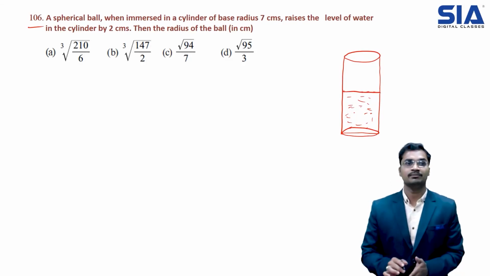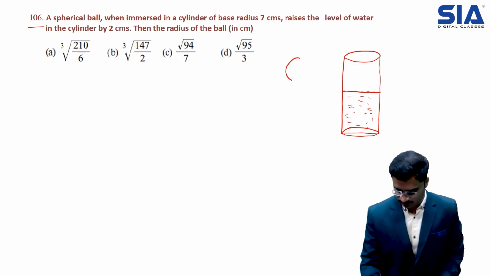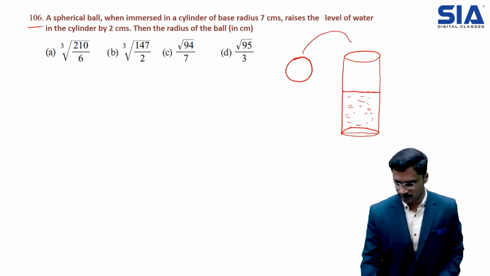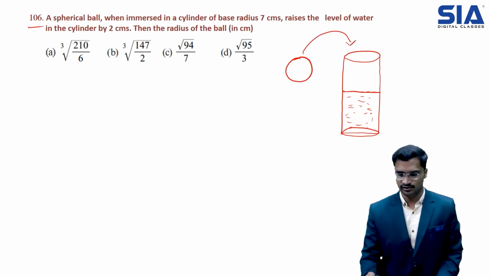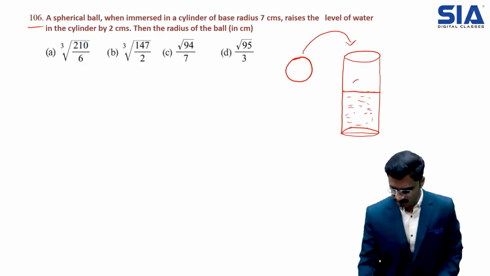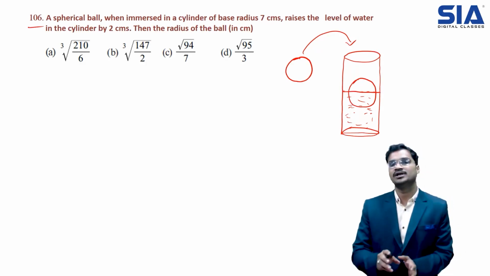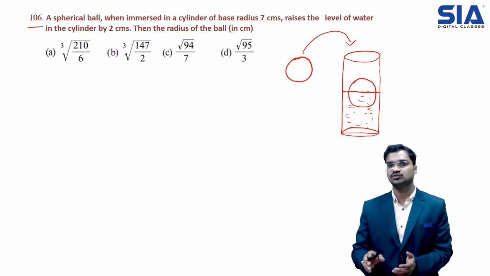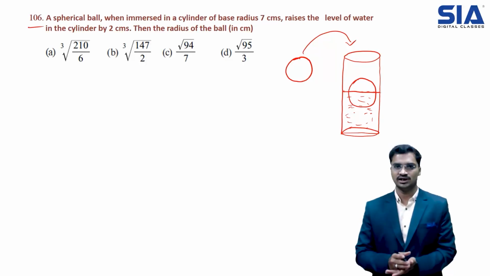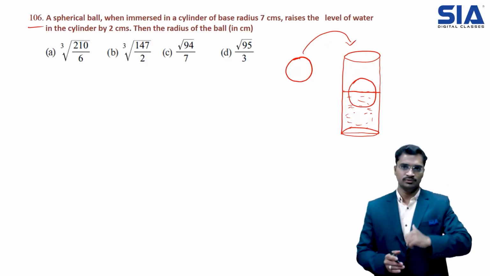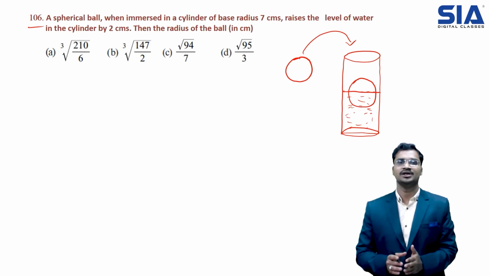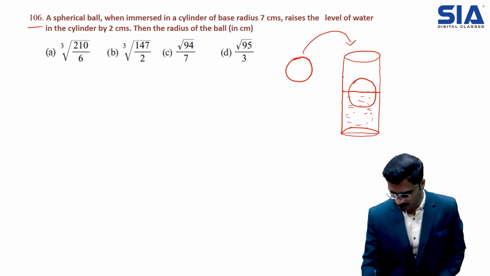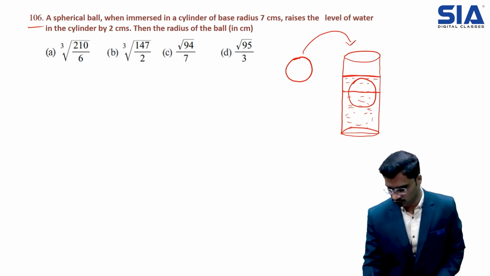And when I am inserting a spherical ball into this cylinder which has water, will the volume increase or decrease? The simple logic says that the volume will obviously increase. So the volume is increasing till here. This is the increased volume.